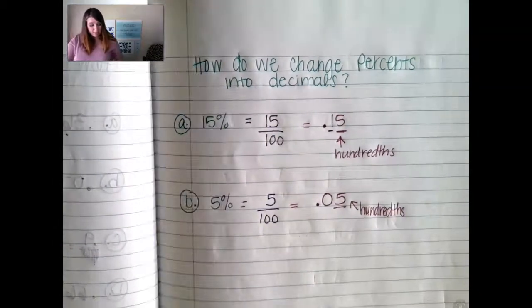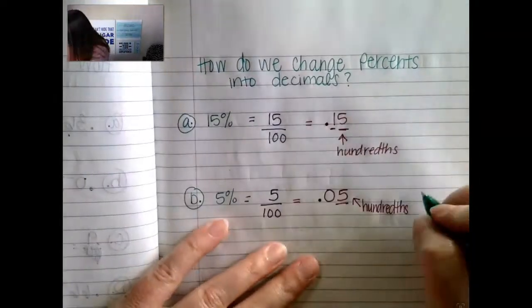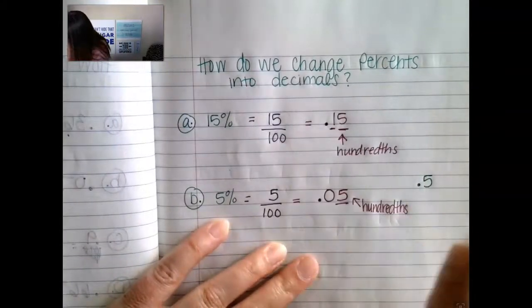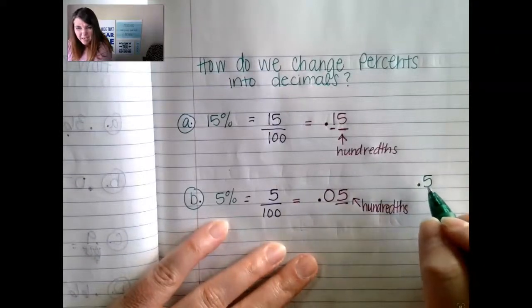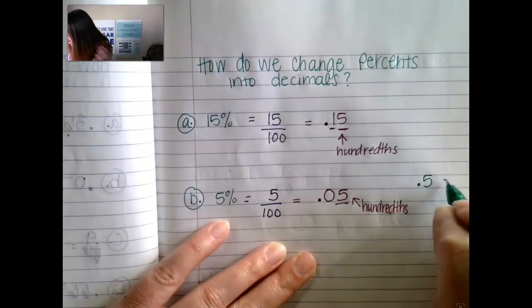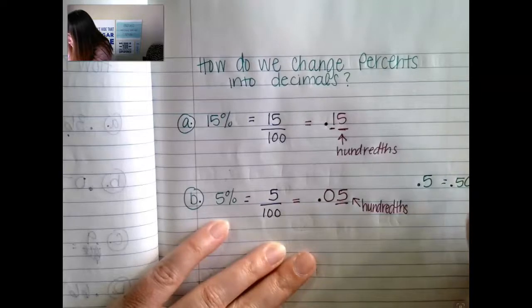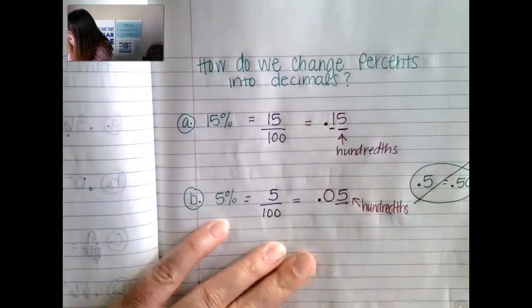If I put it like this, 0.5, that's 5 tenths, right? Well, 5 tenths is the same as 50 hundredths. So this is not equal to that.